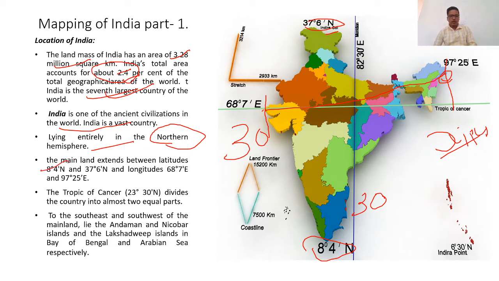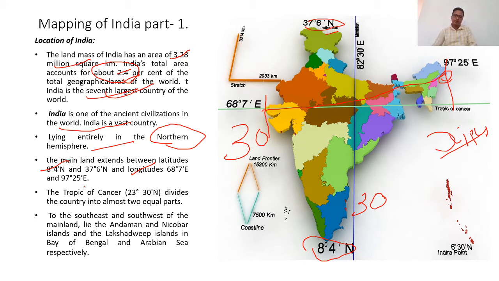As I mentioned, it would be 8 degree 4 minutes to 37 degree 6 minutes in northern latitude. Then the longitude would be 68 degree 7 minutes to 97 degree 25 minutes east.